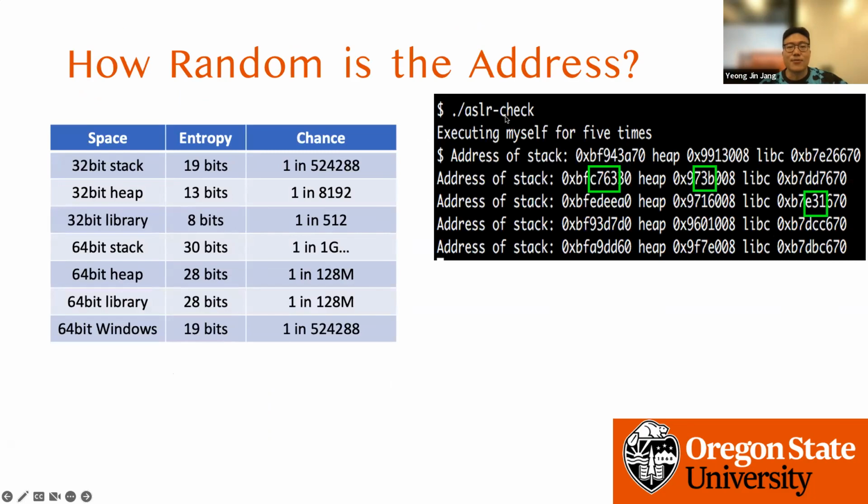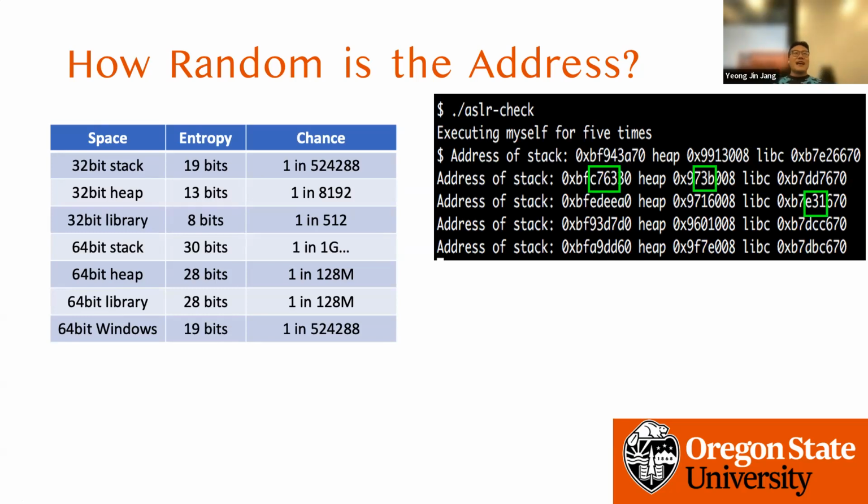Internally it runs this program 5 times and keeps printing the addresses, and you will see that they are randomized. So this is how we can easily defeat attackers, because they will never know those addresses.